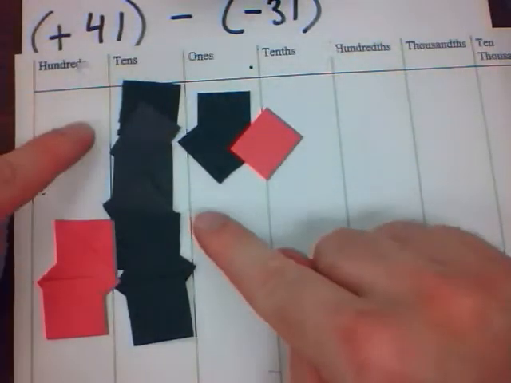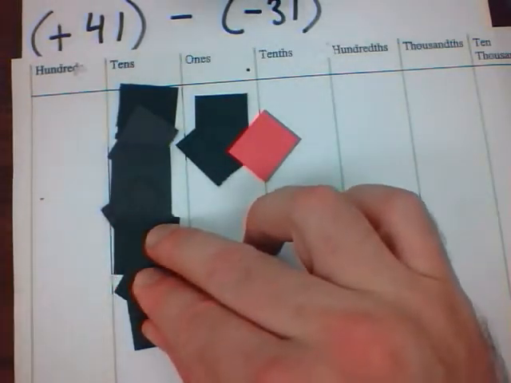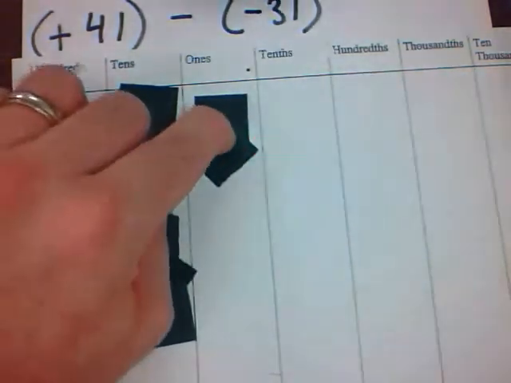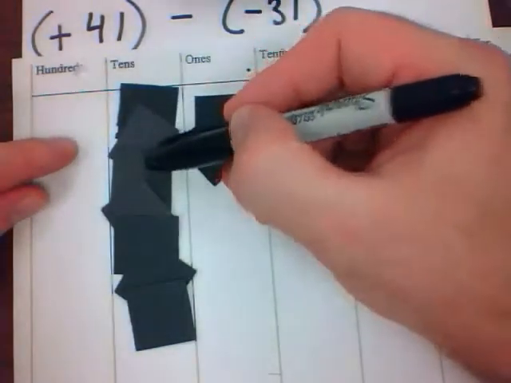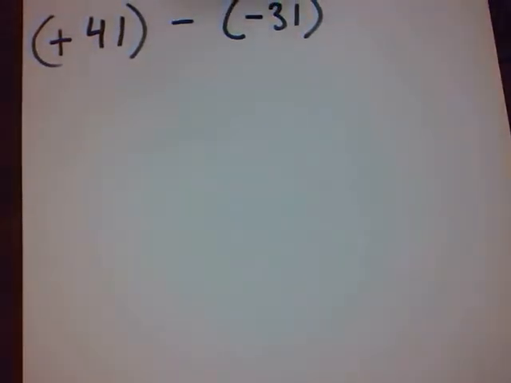And now, this is still currently +41. I'll take away my 30 and 1 negatives, leaving me with my answer, 1, 2, 3, 4, 5, 6, 72 positives. Next example.